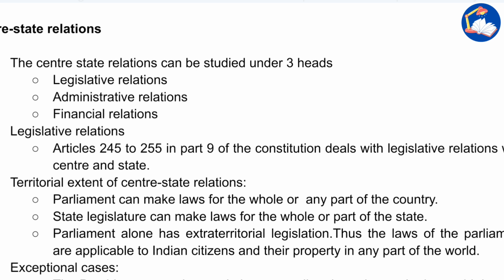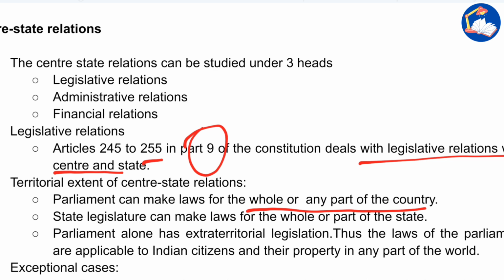Articles 245 to 255 in Part 11 of the Constitution deal with legislative relations between the center and the states. Territorial extent of center-state relations. What are they? The Parliament can make laws for the whole or any part of the country.